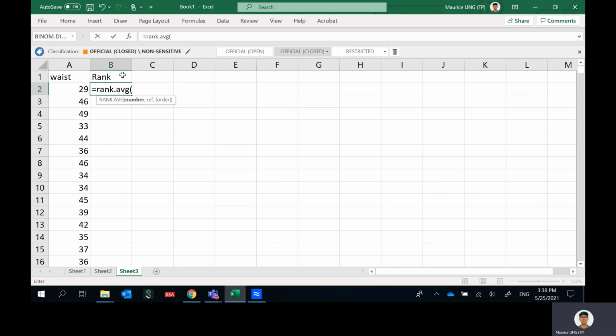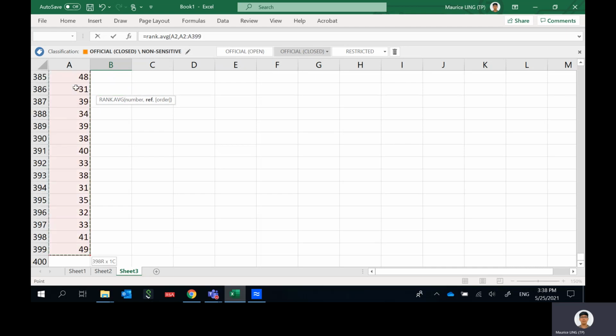With rank average, you want to rank the data point, which is the waist itself, so A2. Then you want the reference column. For the reference column, you click on A2 again and press Ctrl Shift down, so it highlights the whole thing for you.